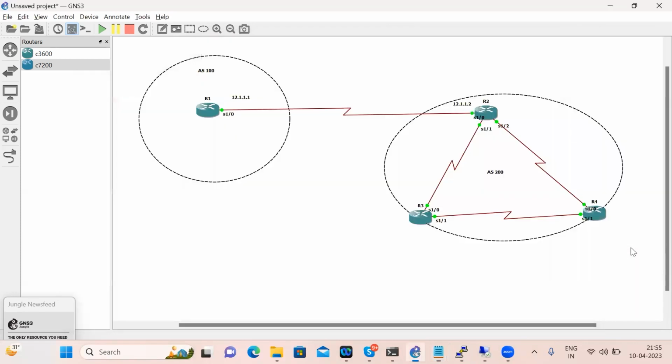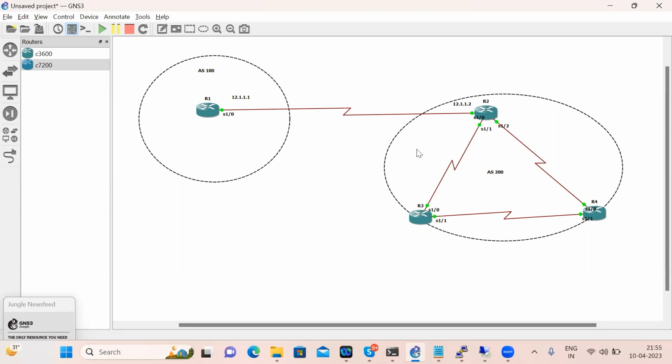Now, in your topology, which are the two routers communicating via eBGP? Router 1 and router 2. Router 1's eBGP neighbor is router 2. Router 2's eBGP neighbor is router 1. Okay, 3 and 4 are running IBGP neighborship with router 2. Is it clear? Got it.